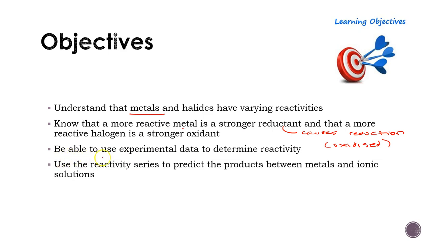And we're going to look at being able to use experimental data to determine reactivity, looking at single displacement reactions. And that we're going to learn to use a reactivity series to predict the products between metals and ionic solutions. And this reactivity series is, of course, given to you in your tests if we expect you to use it.